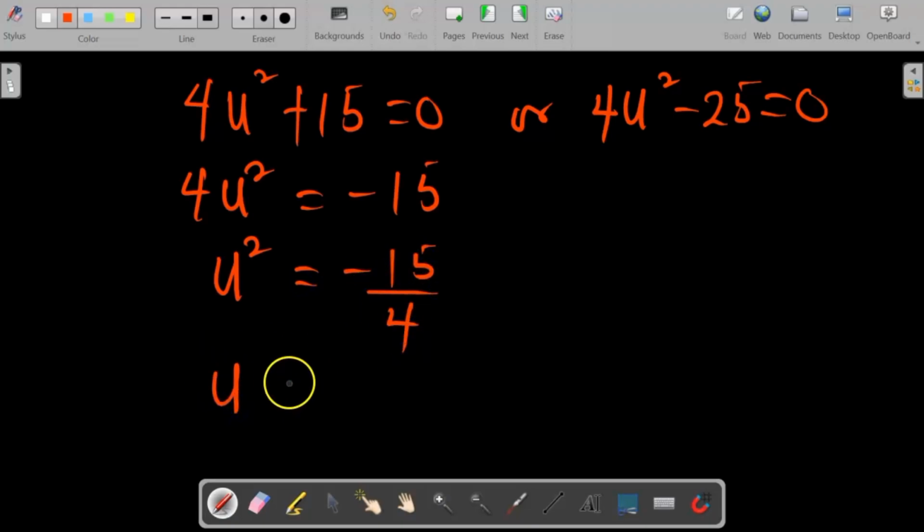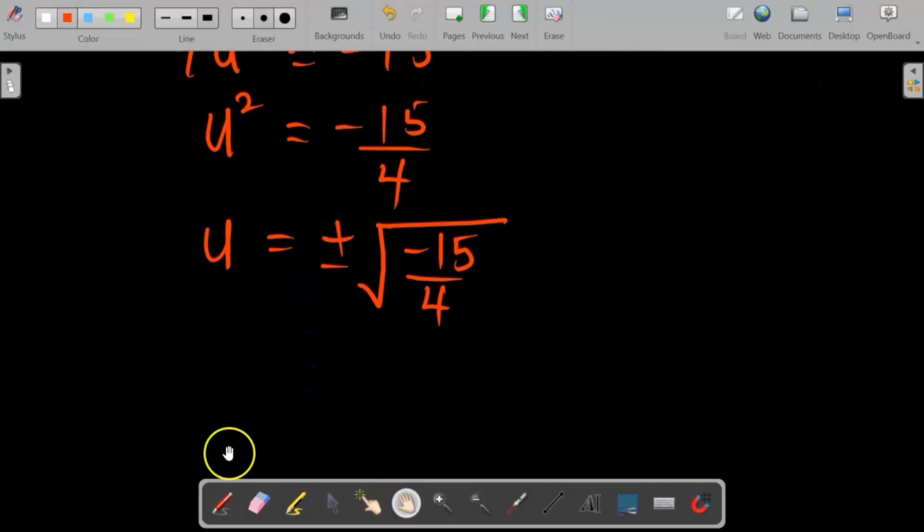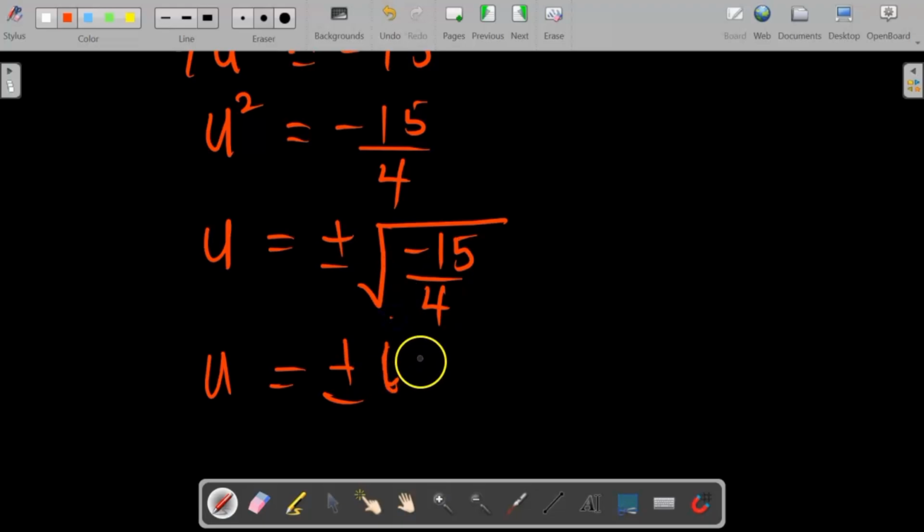So u will now be plus or minus the square root of minus 15 over 4. We cannot get the square root of a negative number, so we have the complex number i root 15 over the square root of 4, which is 2.